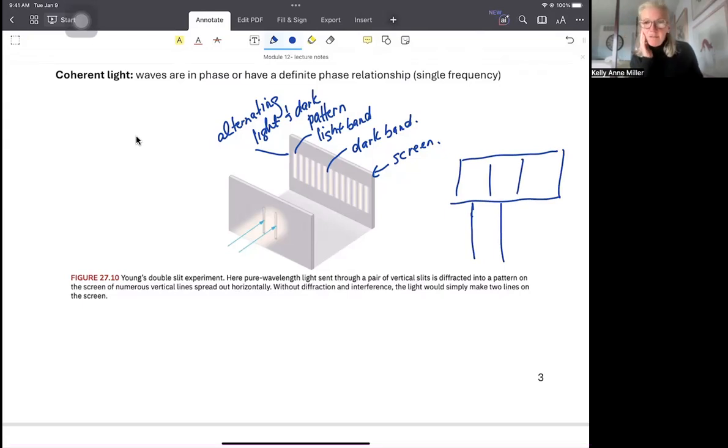Right? If you can only model light as a particle, then that would be what would happen. So the fact that he saw these alternating light and dark bands meant that there had to be some interference happening between the wavelets. And that interference pattern is what's causing the light and dark bands that we see.